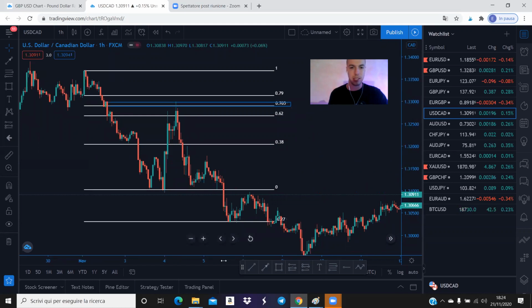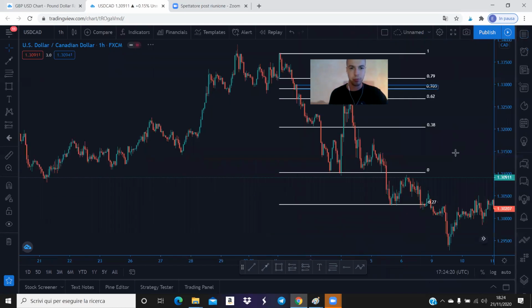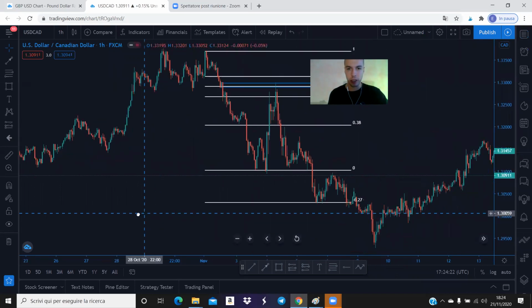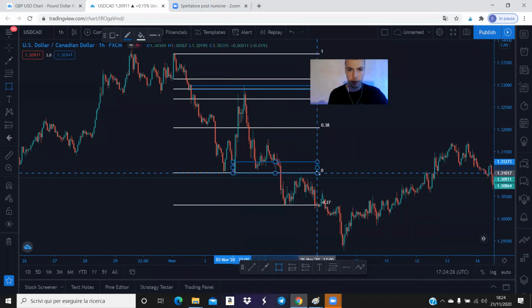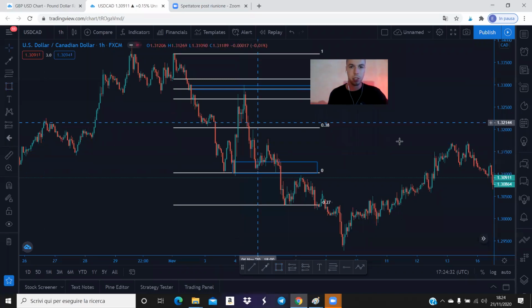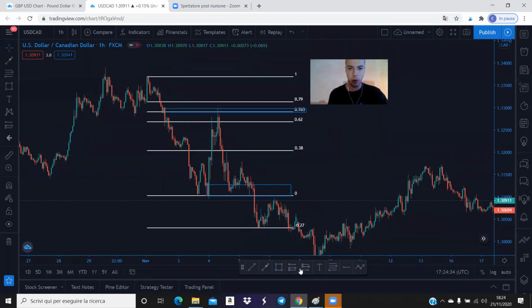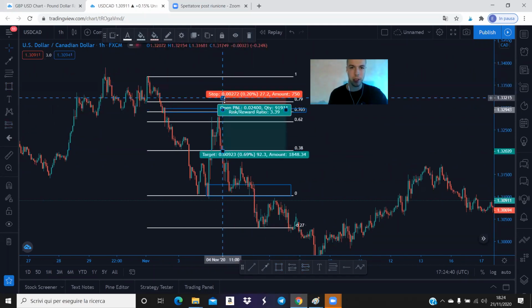And let's see if we want to put a target. This could have been the first target here if we didn't want to hold any longer. Stop loss above the 0.79 and also above the supply.